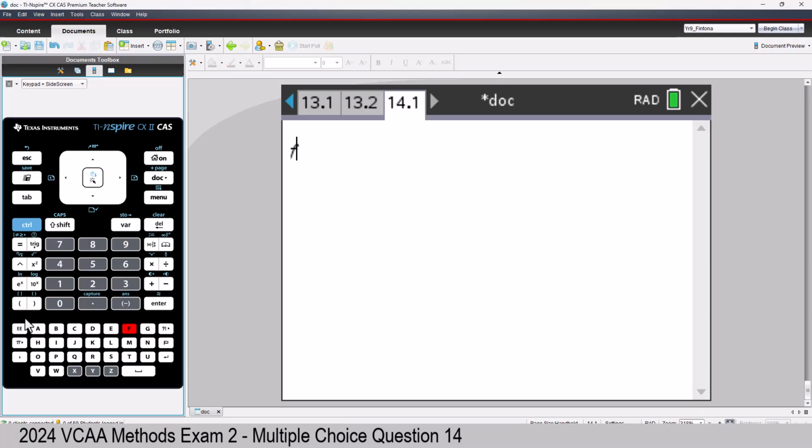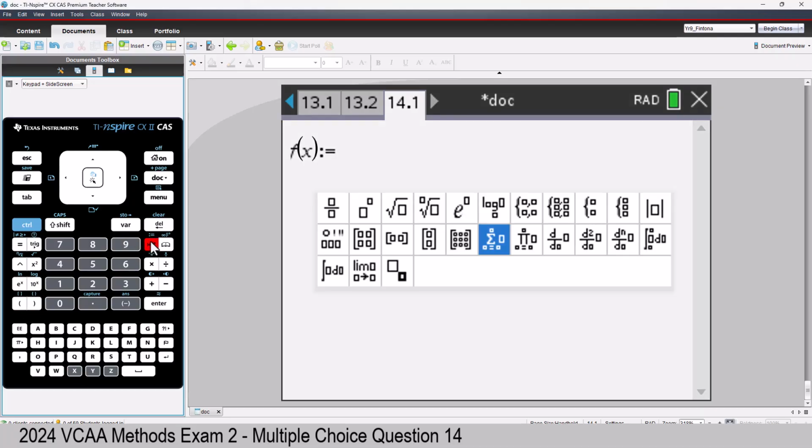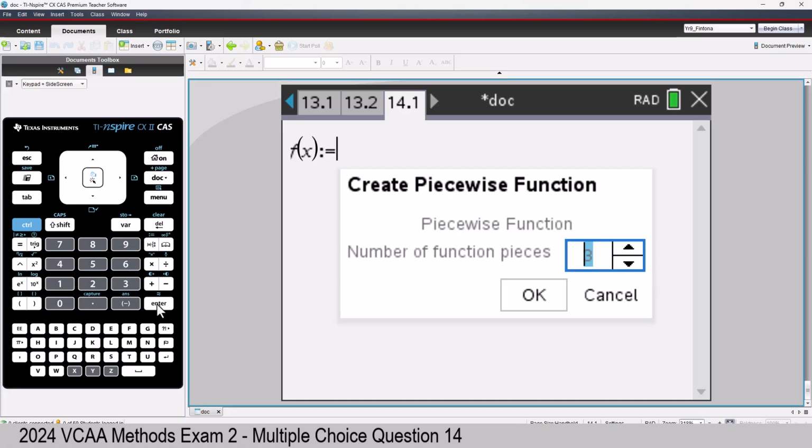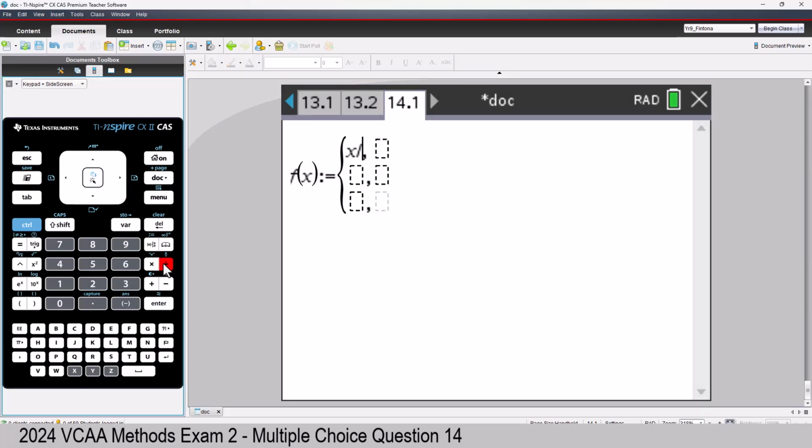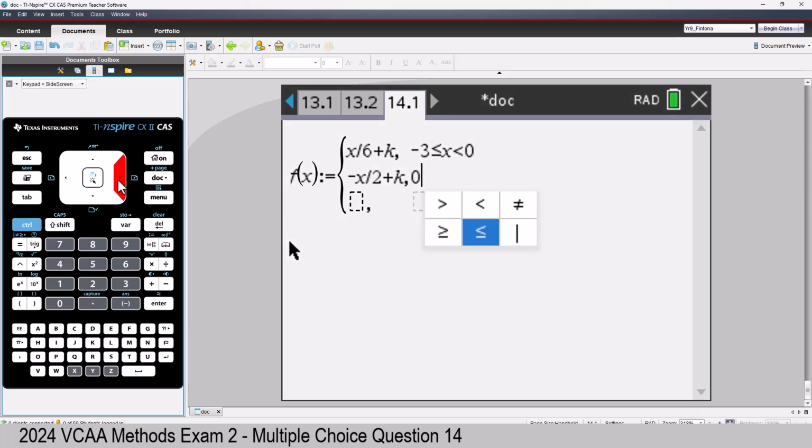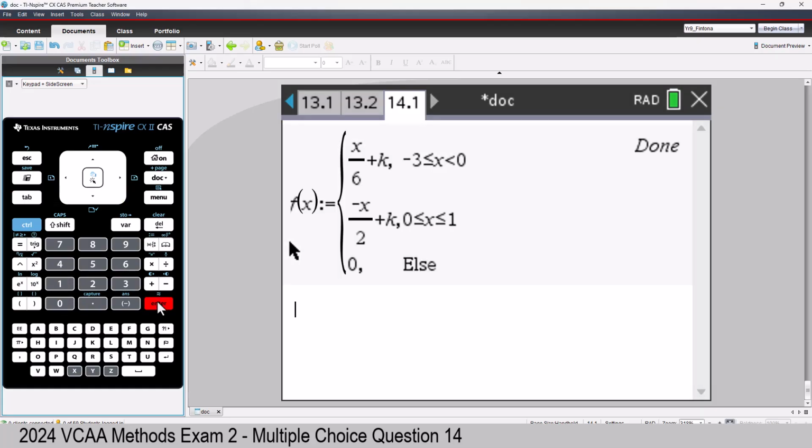Start by defining the distribution. We know the sum of the probabilities for the probability distribution is equal to 1.